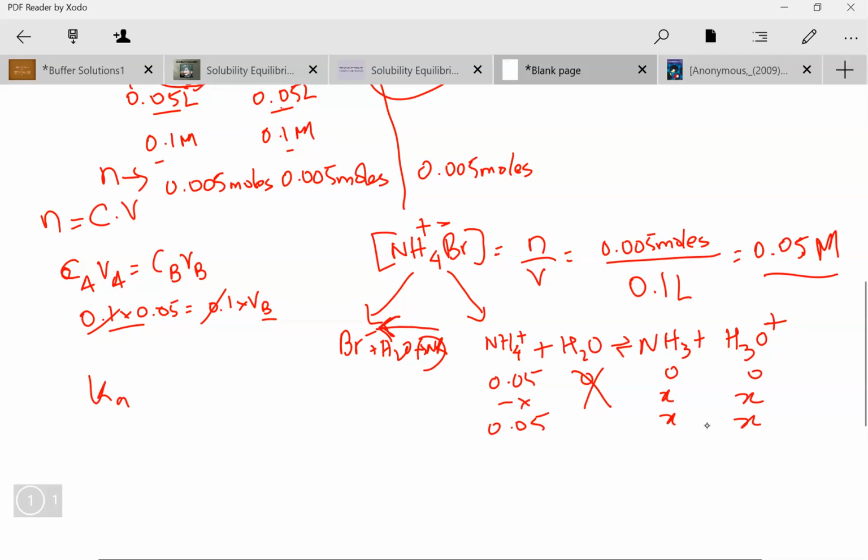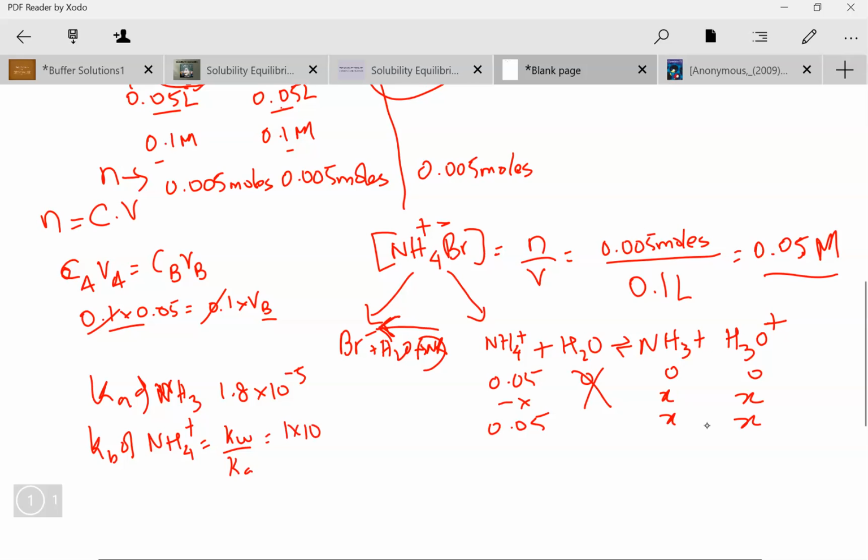I know the Ka of ammonium from the back of the textbook is, let me see, ammonia, 1.8 times 10 to the power of negative 5. And so Kb of ammonium is going to be Kw divided by that Ka of ammonia.